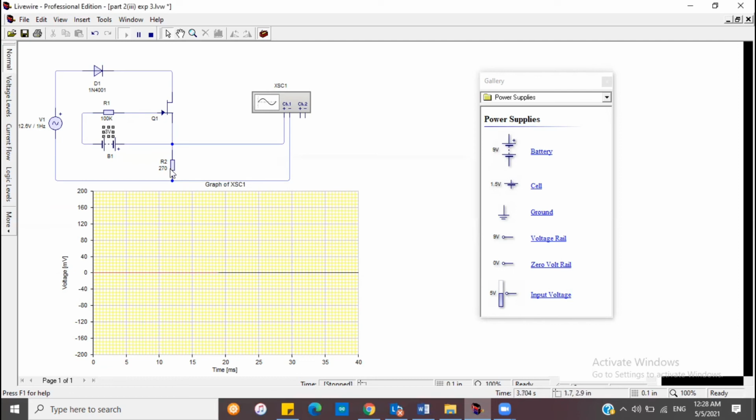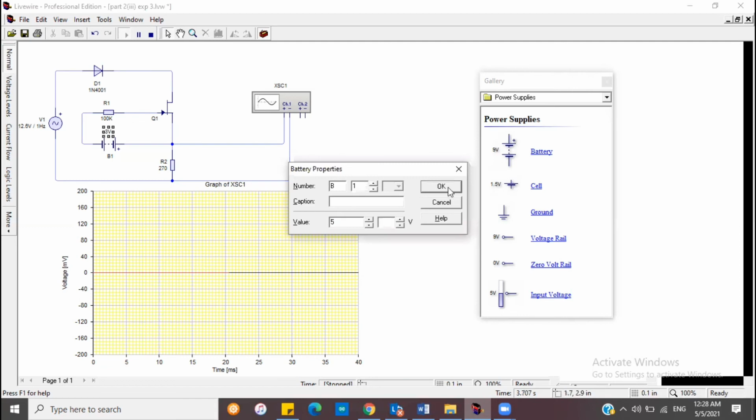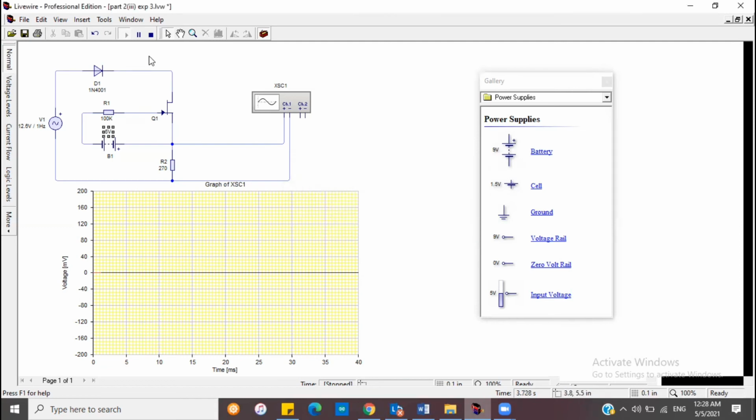If I change to 5 volt, it also becomes a horizontal line. So this basically shows that the transistor is not conducting any current. The channel has been cut off by the gate voltage.